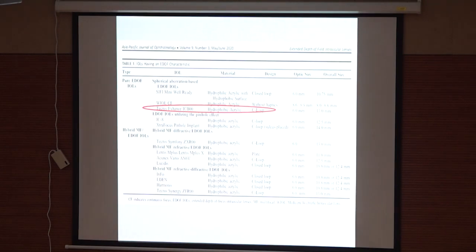Some people may have had experience with that. That would also be placed somewhere in the pure EDOF IOLs. They have their own technologies, and in general, the pure EDOF IOLs will have lesser nighttime issues, lesser glare and halos than when we combine them as a hybrid with a multifocal.